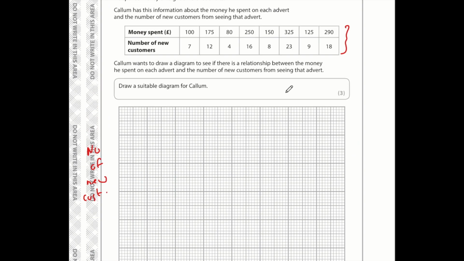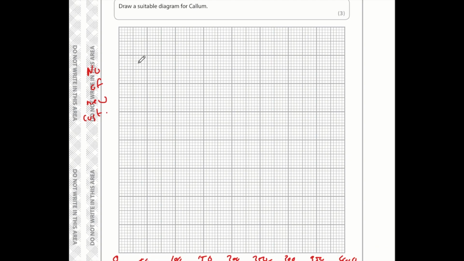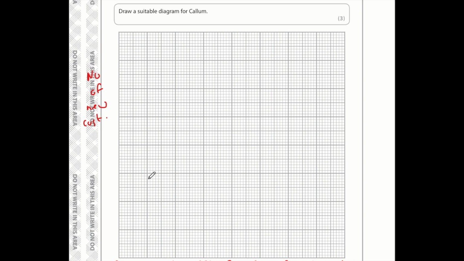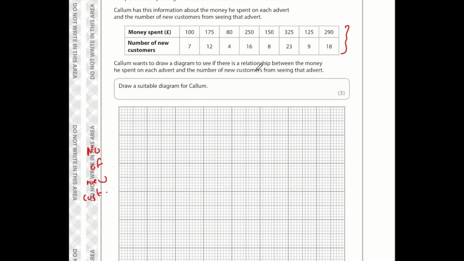The number of customers goes as far as 23, so 5, 10, 15, 20, 25. That does waste quite a lot of space. I'm trying to think of the best way to do this, going up to 25.